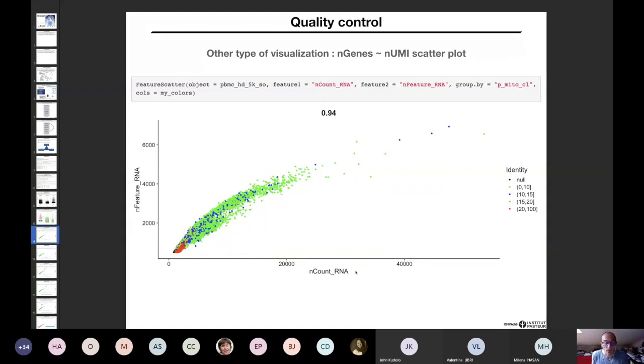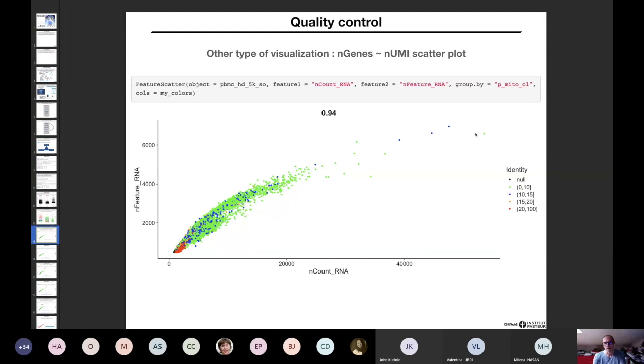Another graph that can be helpful to find boundaries in these variables is a simple scatter plot of the number of genes per number of UMI. And then here you can see that you have nice compact cells here, and then here it's more diffuse.